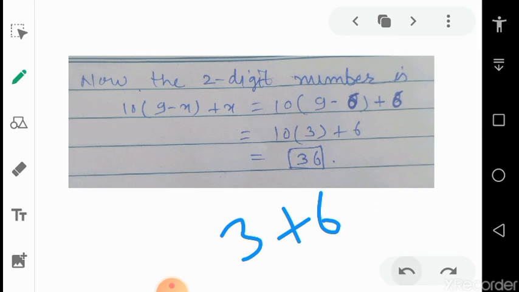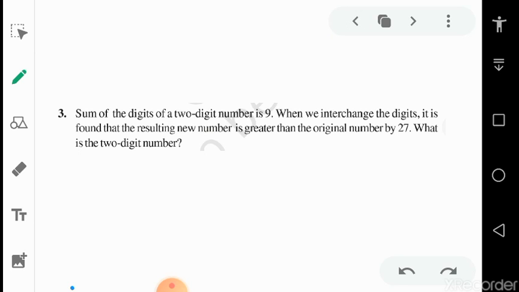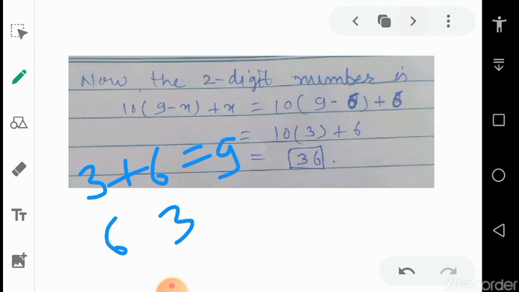Now if we change the position, as we are interchanging the digits, 36 becomes 63, and the new number formed will be 27 greater than the previous one.